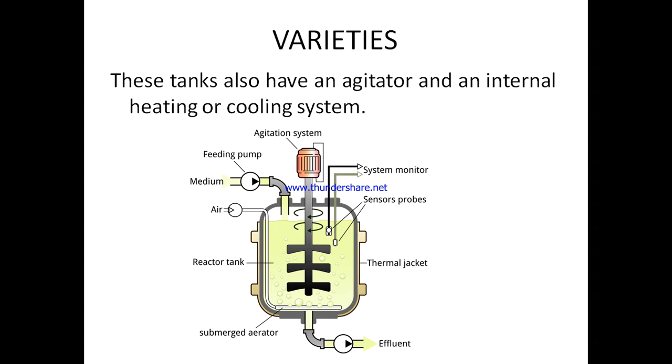So some reactors you might need to heat it, some you might need to cool it. So we have the thermal jacket. So at the thermal jacket, you can either pass in the heating source or the cooling source.